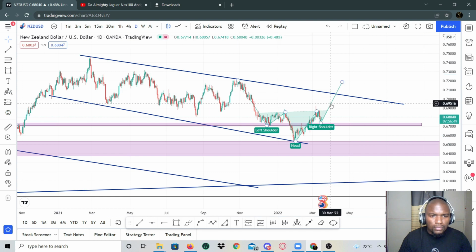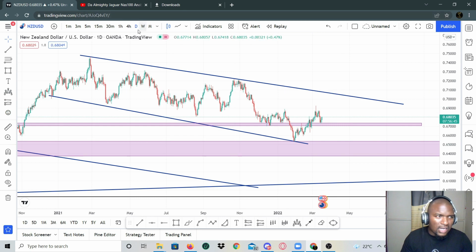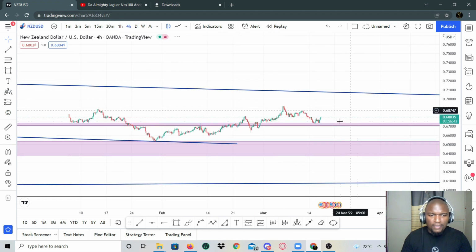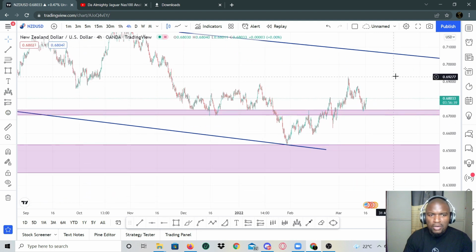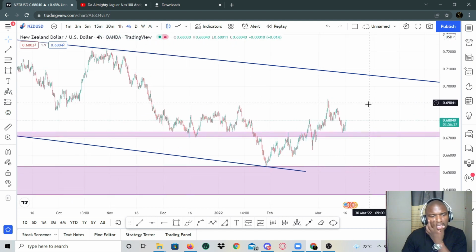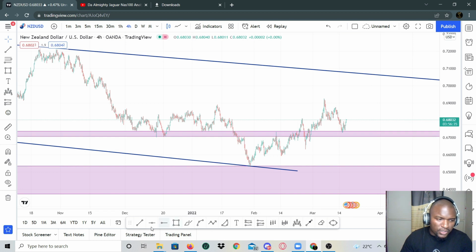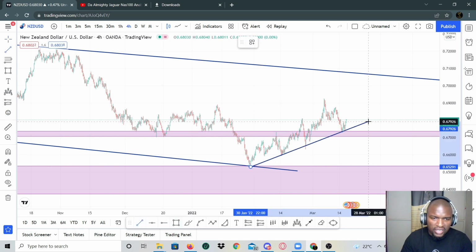So without any waste of time, guys, we want to check the current market price on the 4-hourly chart, why we are experiencing these buys right there. As you can see, now we have this beautiful bullish channel right there.